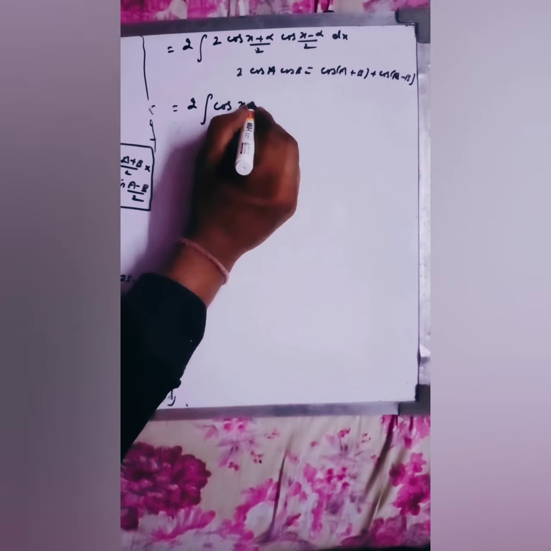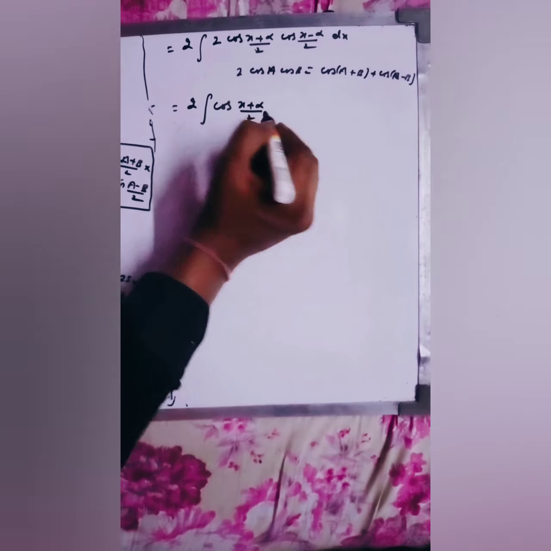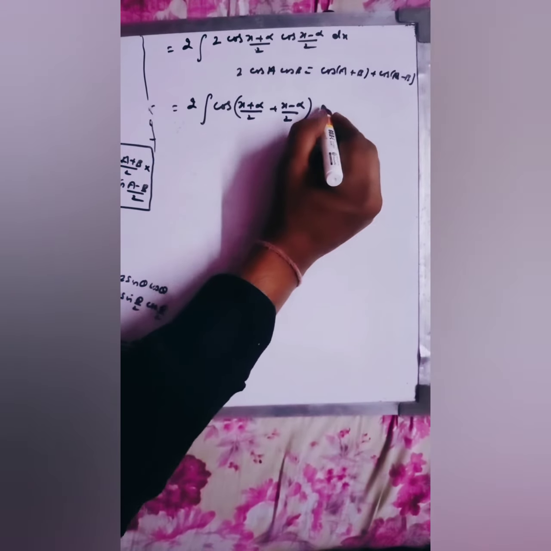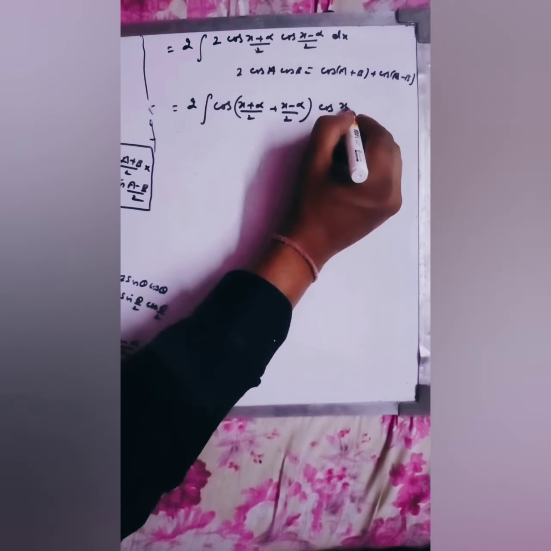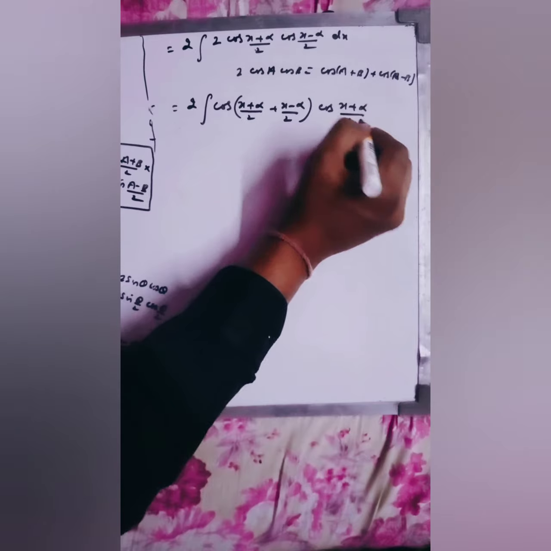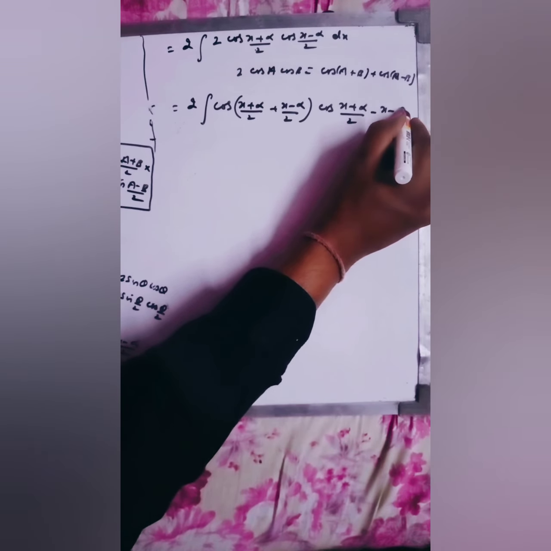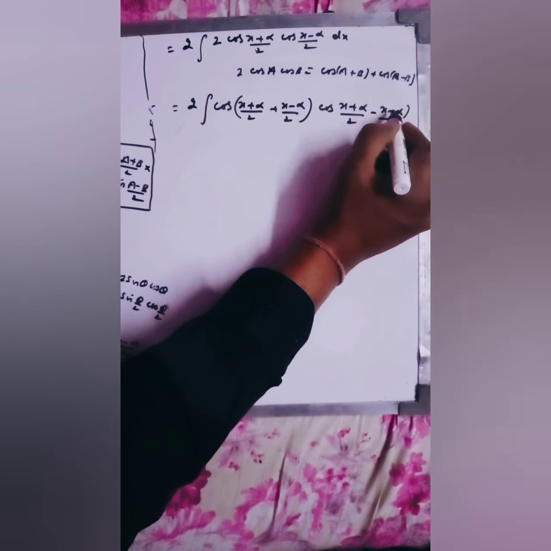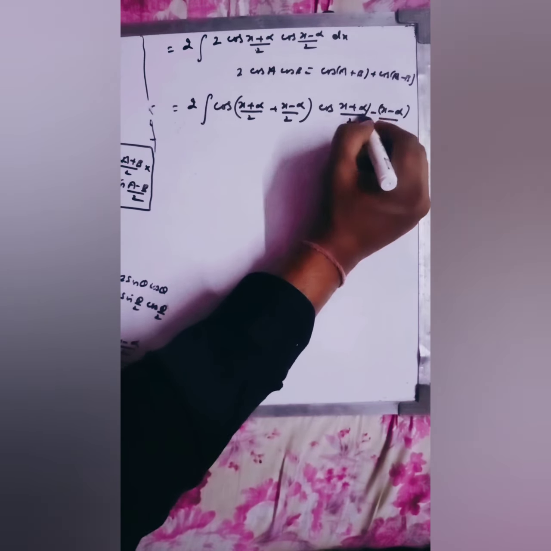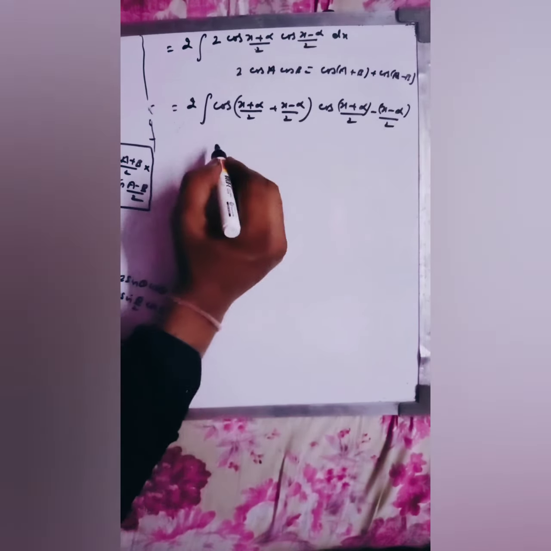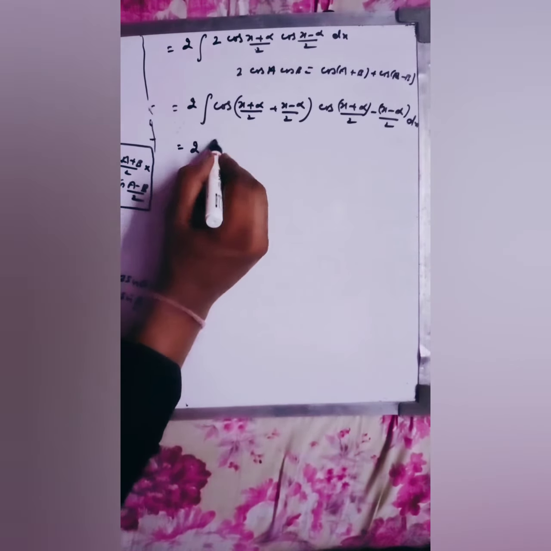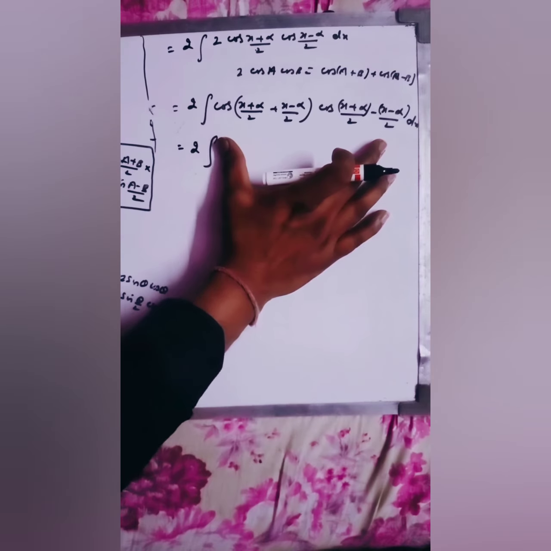So cos of (x plus alpha by 2 plus x minus alpha by 2), similarly cos of (x plus alpha by 2 minus x minus alpha by 2) into dx.